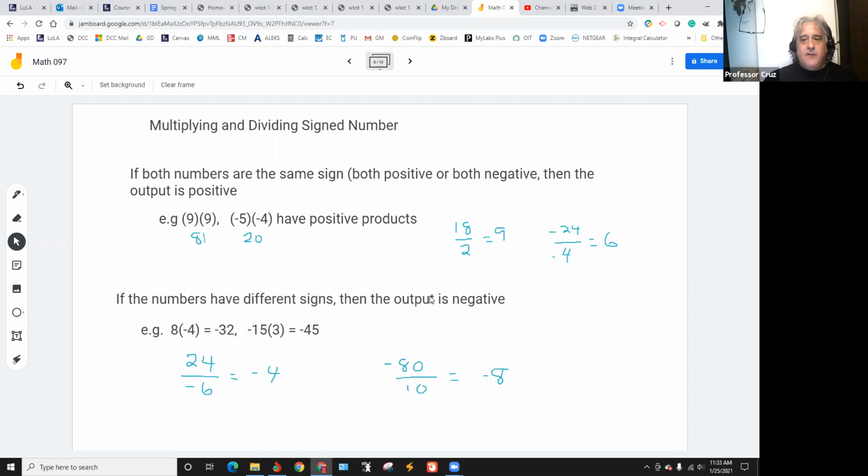If the signs are different, then the output is negative. Now, just remember, you're always doing two at a time, so this always works. If you've got 5 numbers being multiplied and you count the negative signs, then you know it's going to be negative, because it's an odd number of negatives. But it works like this as well, because you're always only looking at 2.